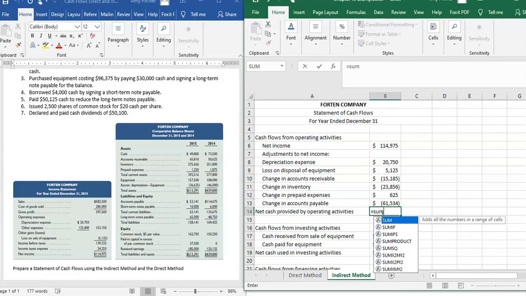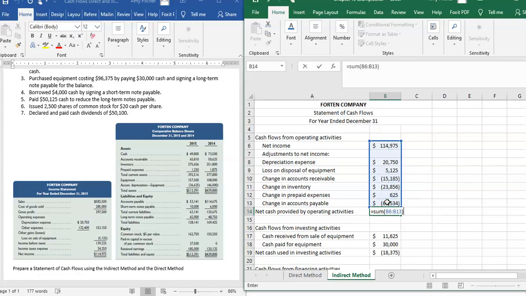We're going to sum all these lines together to get our net cash provided by operating activities. Regardless of what method you use, whether you use the direct method or the indirect method, your result in the net cash provided by operating activities should be exactly the same.